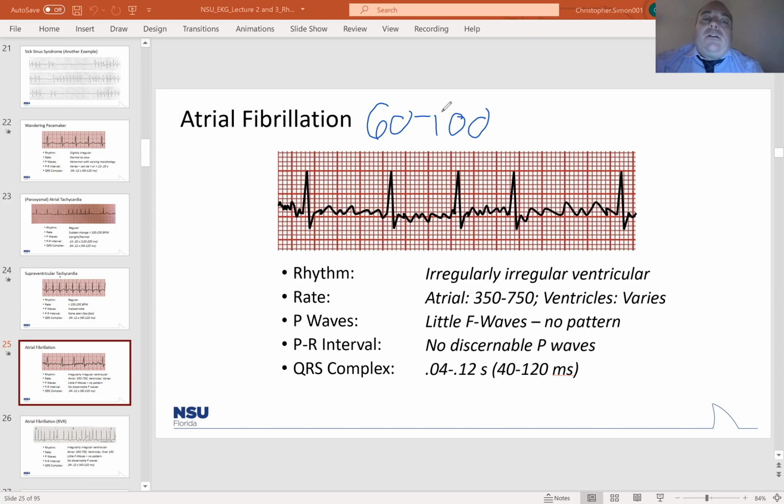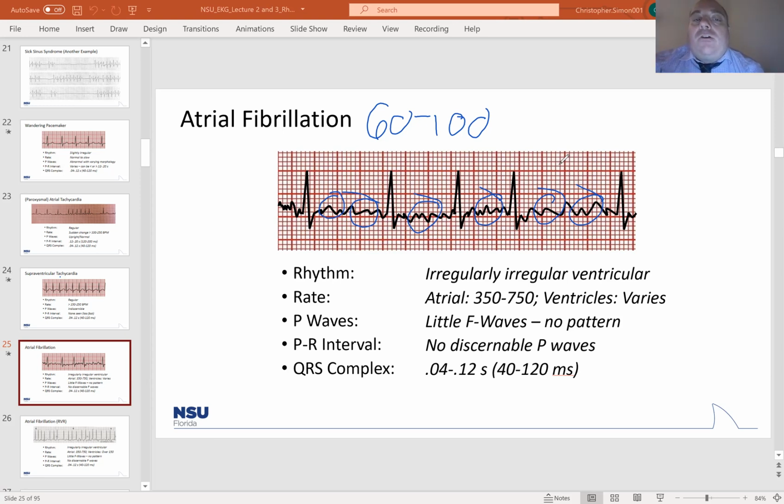So let's look at what we got in this rhythm. Do we have P waves? Well, not really. All this stuff is just ugly, and you're not really seeing true P waves. You're seeing depolarizations coming from the atria in really no organized fashion.